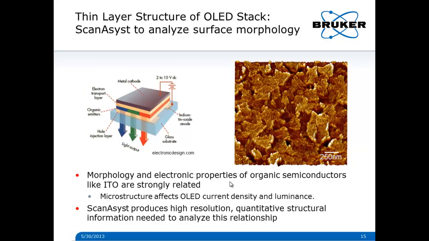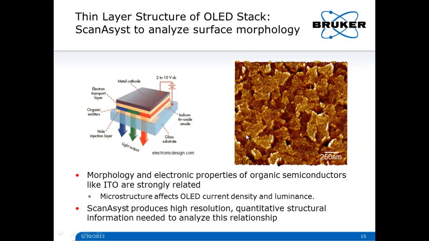LEDs are another important industry, and with all our mobile phones using organic LEDs, that's an area that we would like to contribute to also. One of the important things to look at is the structure of this ITO, or indium tin oxide, anode.